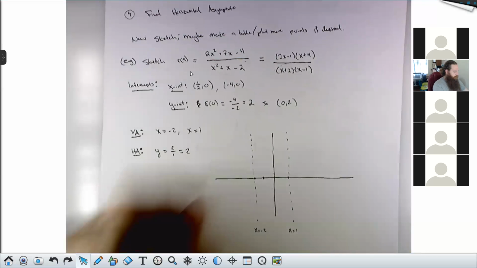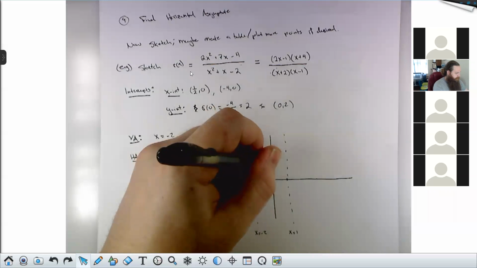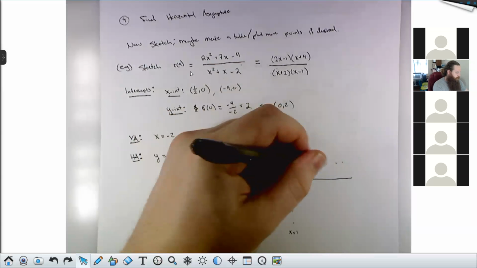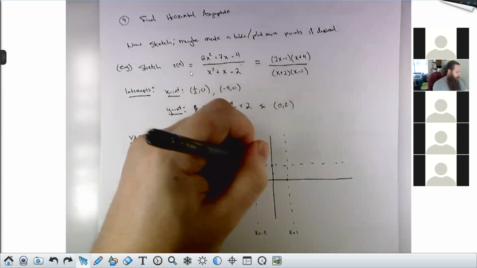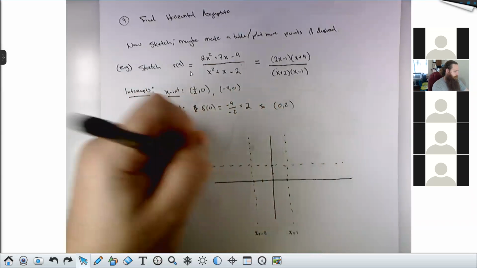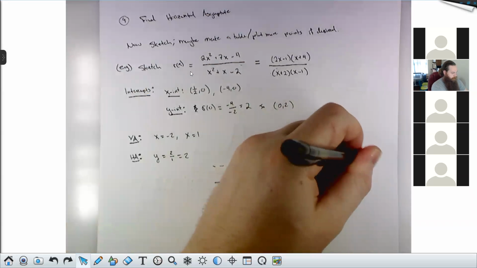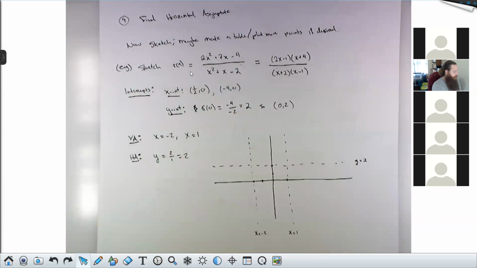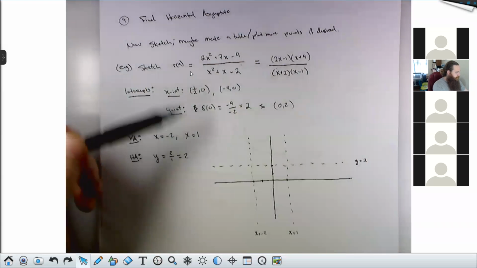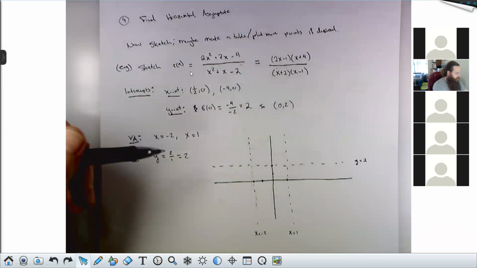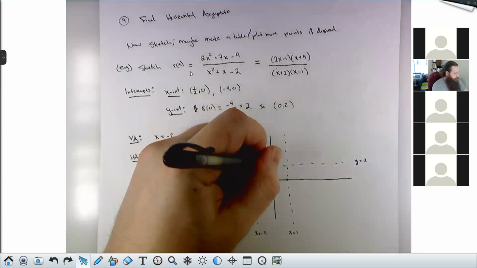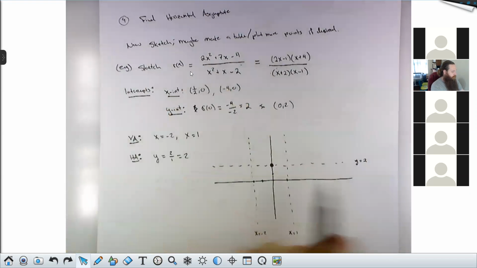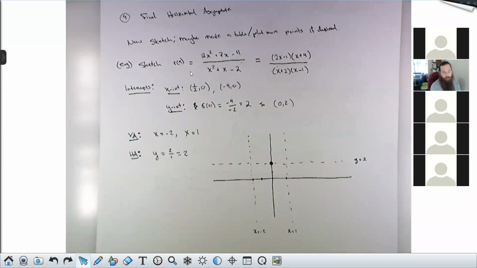Horizontal asymptote, just one, and it's up here, it's the line y equals 2. Intercepts. My y-intercept is 0, 2. That's right here. So what you notice is that we actually touch our horizontal asymptote. That's okay. A rational function can touch, cross, whatever, its horizontal asymptote. That's no big deal.